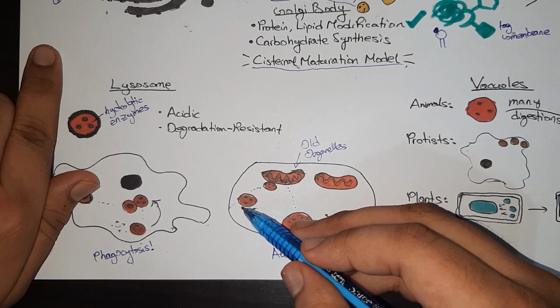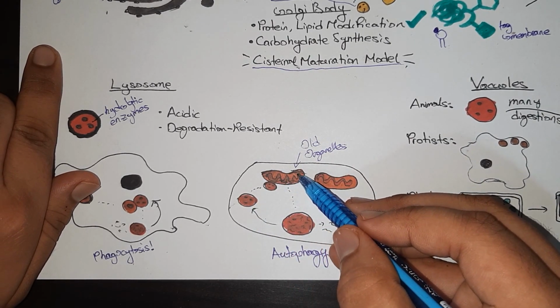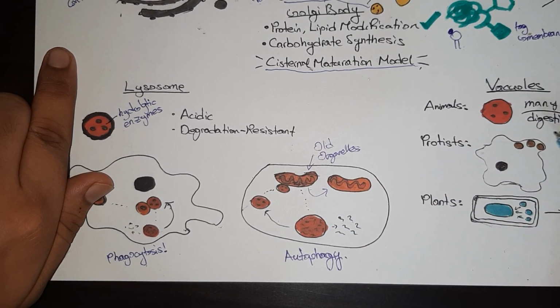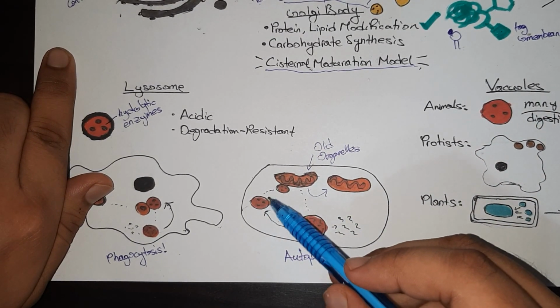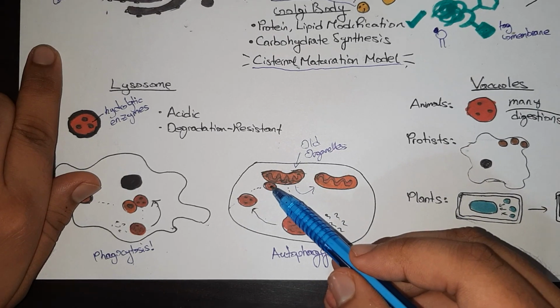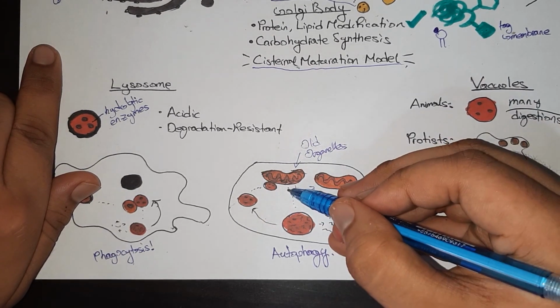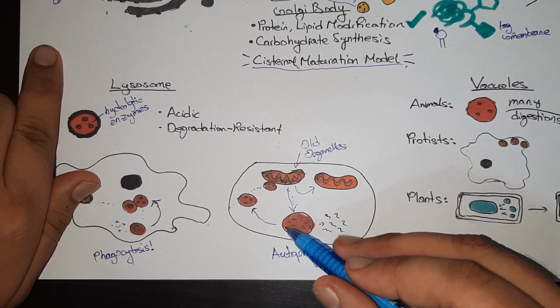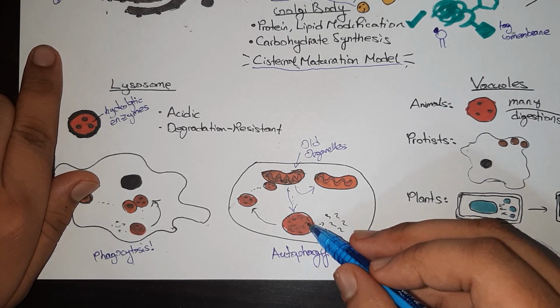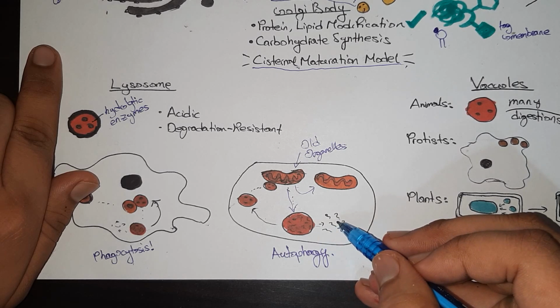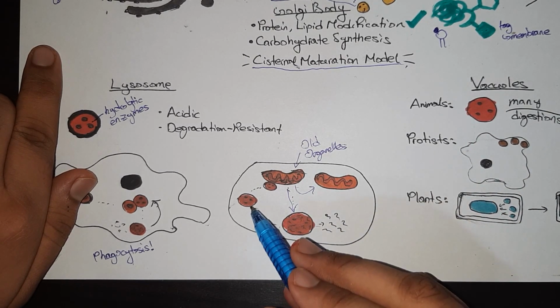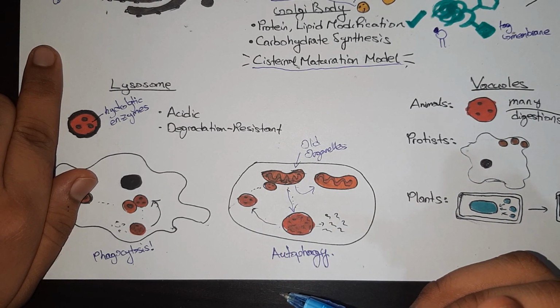The lysosome wants to go kill the old mitochondria so the cell can reuse its raw materials to create more new mitochondria. So what will happen is the lysosome will go into the old mitochondria, it will fuse with the mitochondria, it will digest, and now you will get a huge lysosome with all the digested products. And these digested products will now diffuse outside the lysosome, and then the lysosome can be recycled for its function.